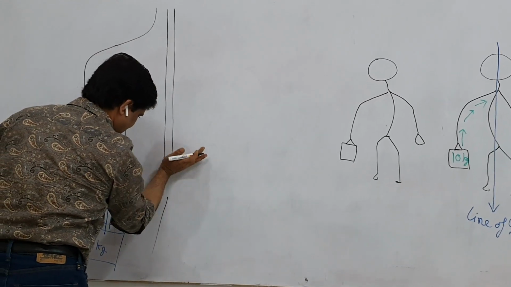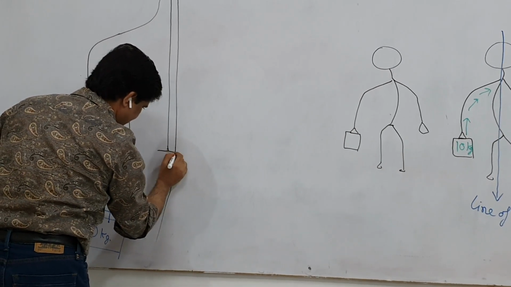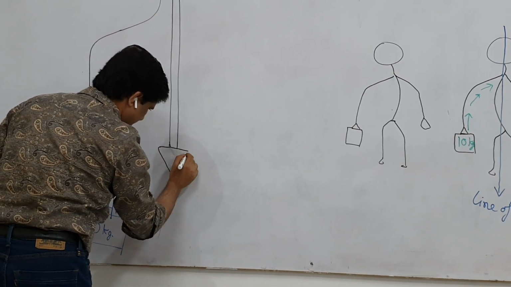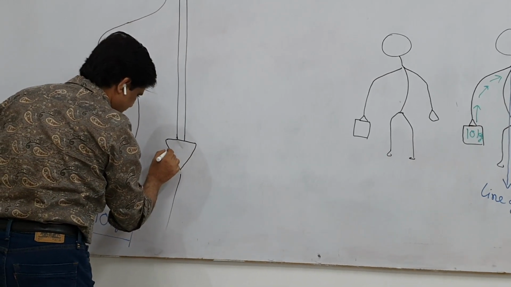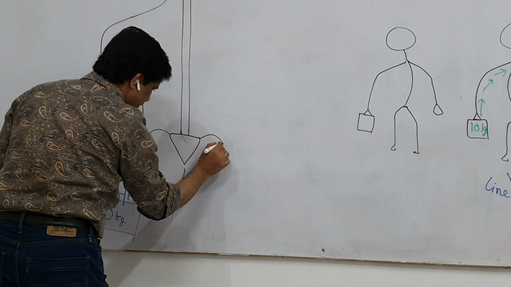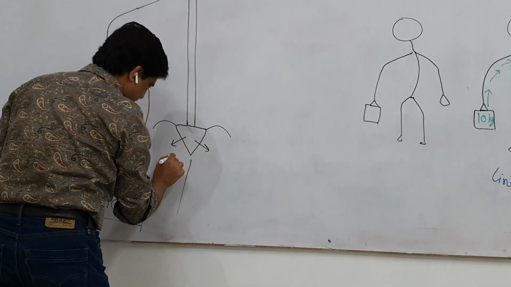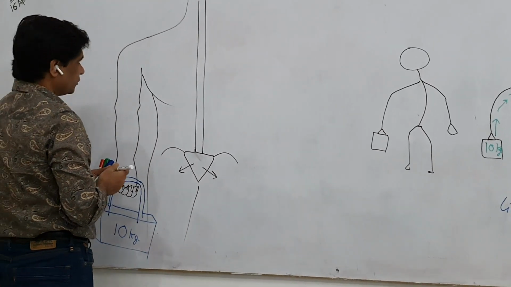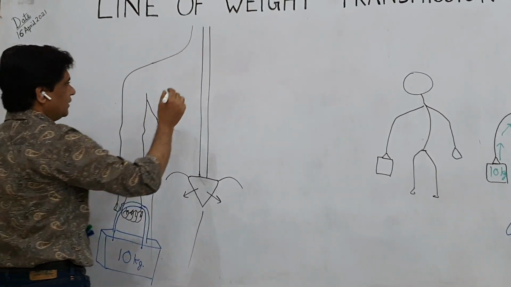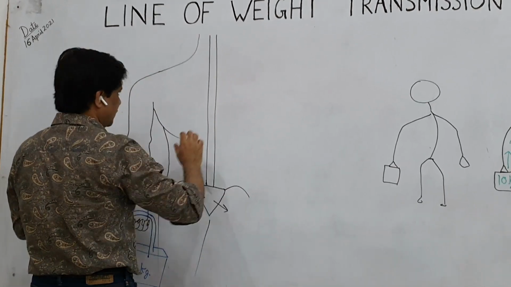Remember, here it will be the sacrum, and to the sacrum there is the pelvic girdle on the side. So weight actually gets shared to both the lower limbs, right? In front here you have the manubrium.